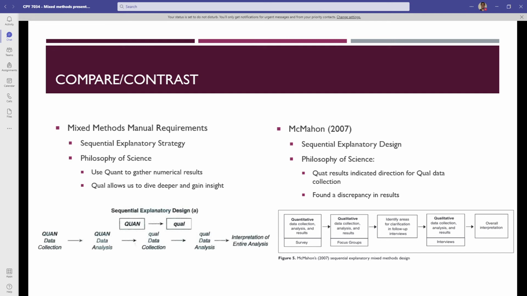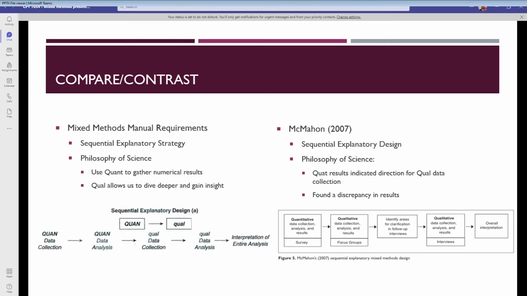So comparing the mixed method manual requirements with our manuscript, as Ben mentioned, one of the types of mixed method design is sequential explanatory strategy, where you start off with quantitative data collection and analysis, then use that to conduct your qualitative data collection and analysis, and then give an overall interpretation of the entire results.